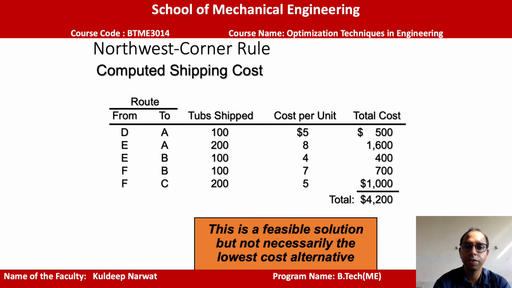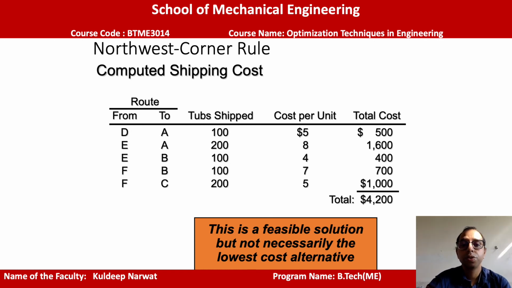Similarly for the second cell, which was allocated in the previous matrix, 200 multiplied by 8 comes out to be 1600. Now the next cell, where we have given the allocation values, 100 multiplied by 4, is 400. Then 100 multiplied by 7, similarly for the next iteration, is 700, and then 200 multiplied by 5 comes out to be 1,000.